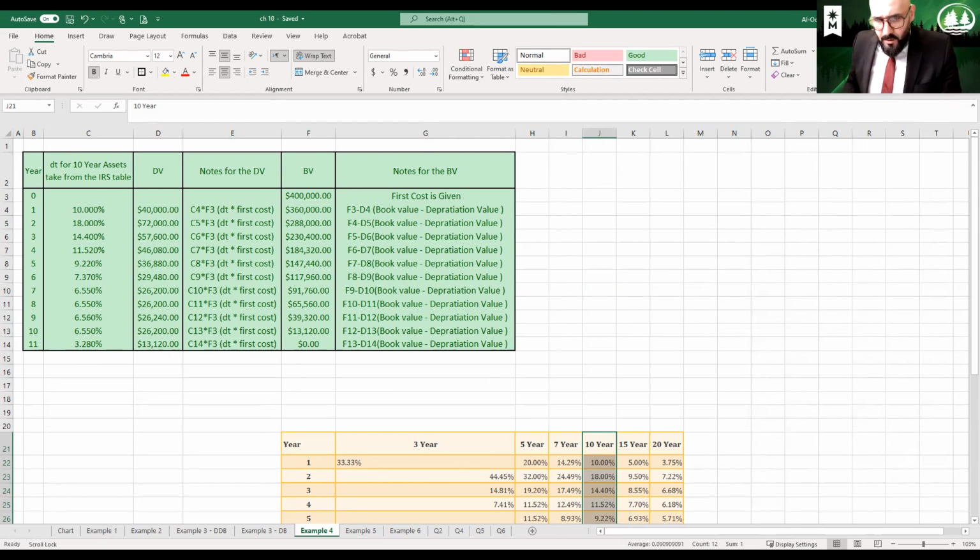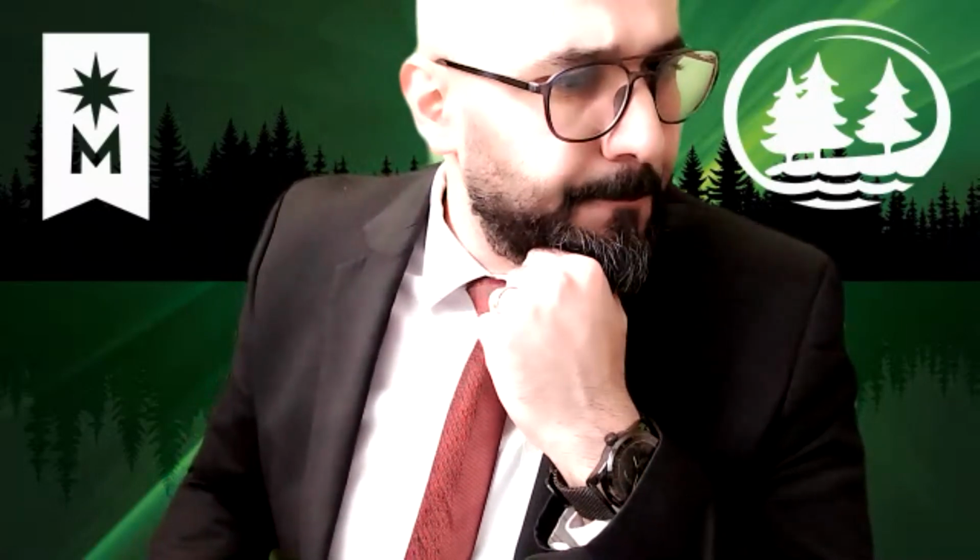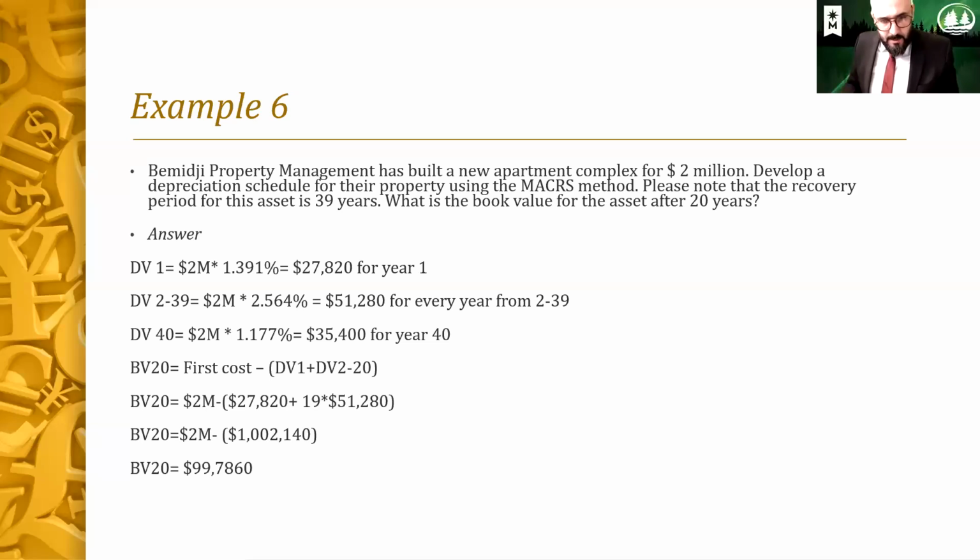Now, I'm going to go back to the last example that I want to share with you here, which is related to real estate, and see how we could conduct the depreciation for a real estate asset. So that is example 6.